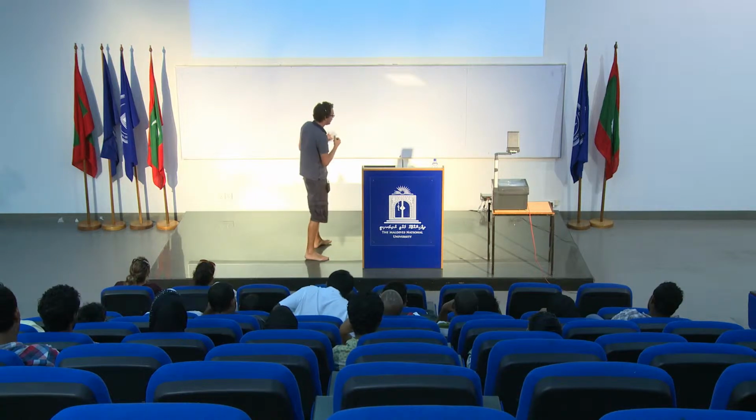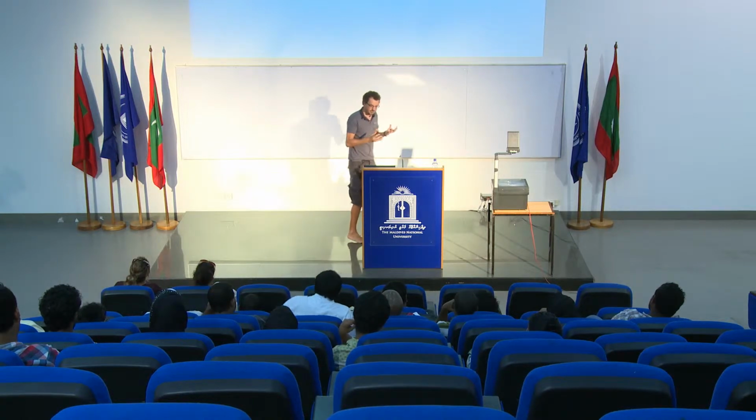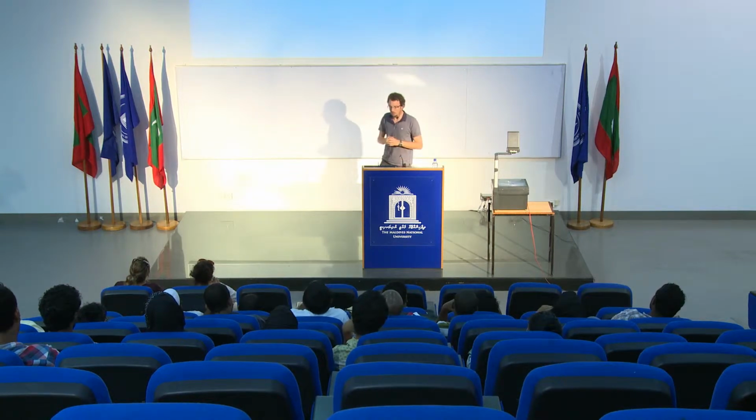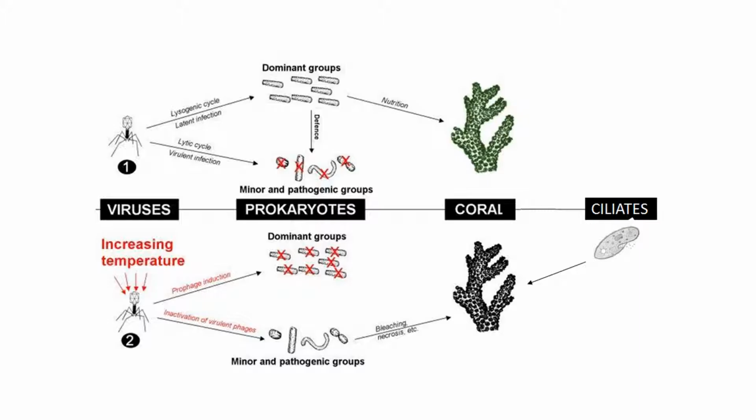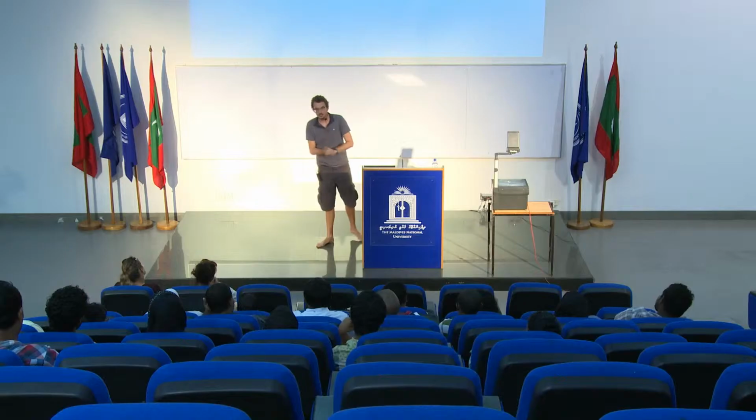What happens when you get an increase in temperature? The phages are affected in some relatively unknown way, and they seem to switch around, and they start to attack the dominant groups of the bacteria, these healthy associates of the coral, and they start to help the minor and the pathogenic groups, which shifts the balance around.